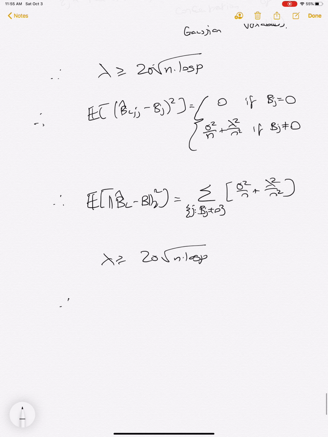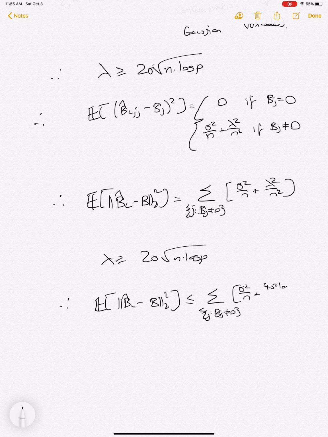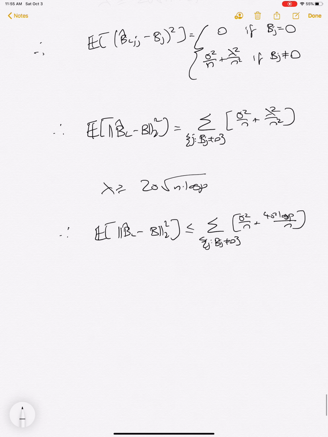So therefore you're going to add up sigma squared over n plus 4 sigma squared log p over n.